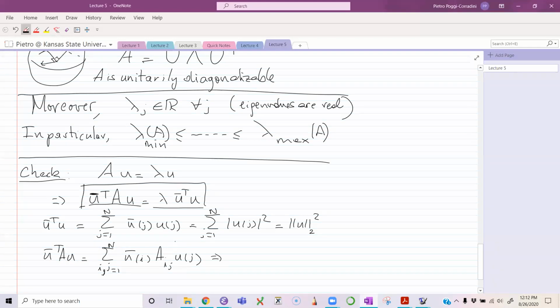The conjugate of a sum is the sum of the conjugates, and the conjugate of a product is the product of the conjugates. So the conjugate of this, if I put a bar on top of it, you get U transpose A U bar, since A is a real matrix. It cancels this conjugate sign, doesn't affect A, and puts a conjugate over there.